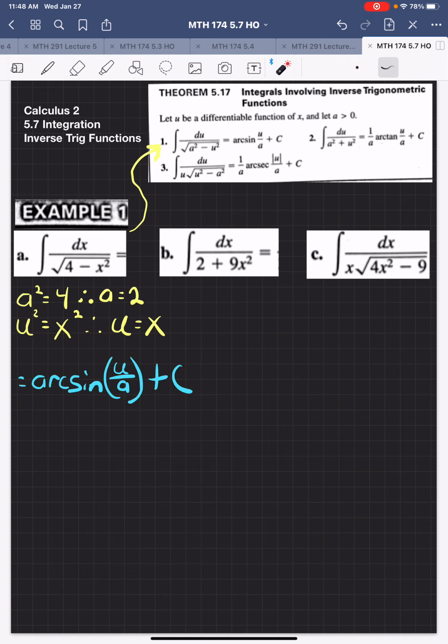And the only thing that we need to do is plug in 2 for a, and we need to plug x in for u. I think I drew those in the wrong spot. So let's finish that up. So arcsine of x over 2 plus c. Not bad, right? Not that bad.